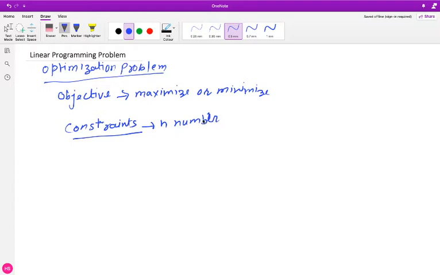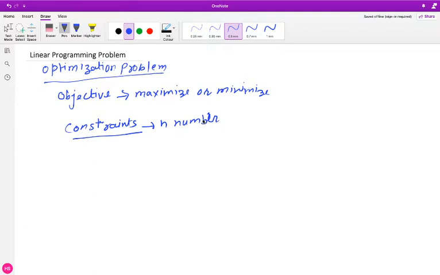In optimization problem, one objective is given to us, that is to be maximized or minimized along with n number of constraints. Our main goal is to optimize the value of the objective under the given constraints, under the given limitations.